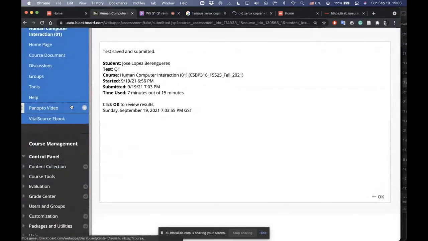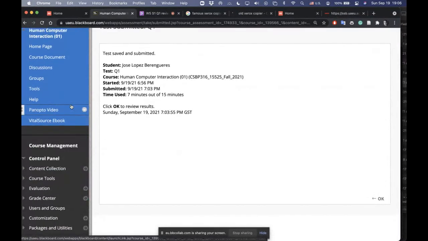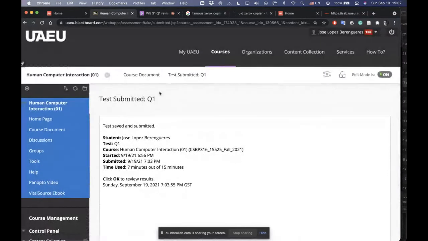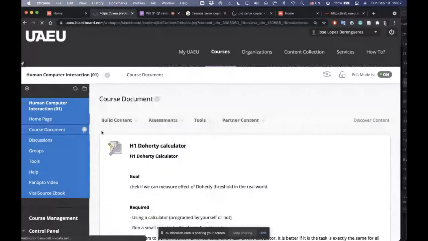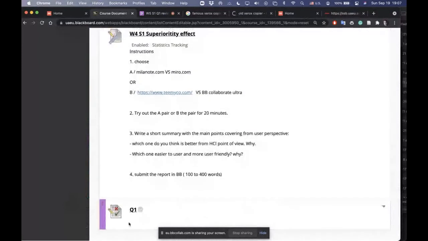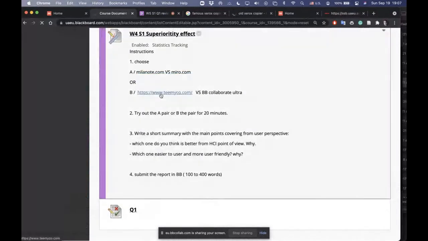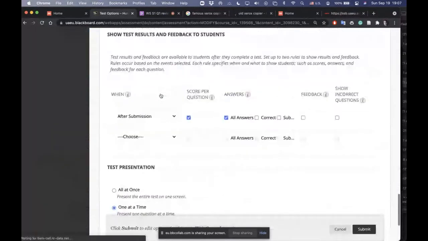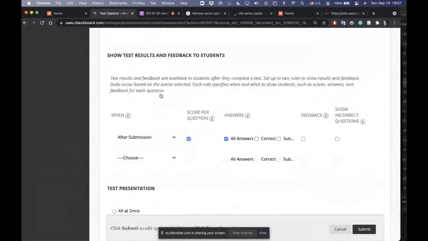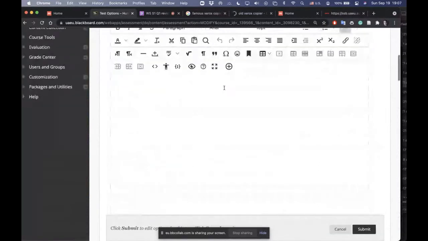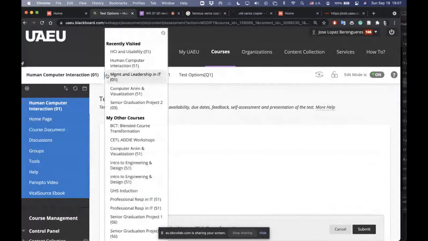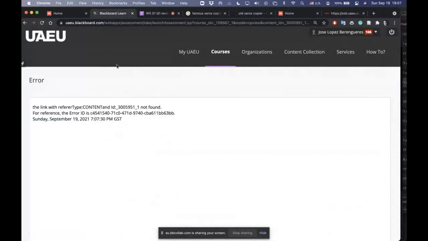Is it the problem with the 51 section or 01 section? Both sections. So to do this, I need to edit the test options, and here, section, so you should be able to see the answers that you did correct or incorrect. Is it not working for section 01?